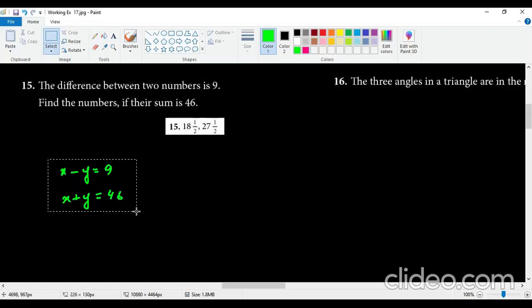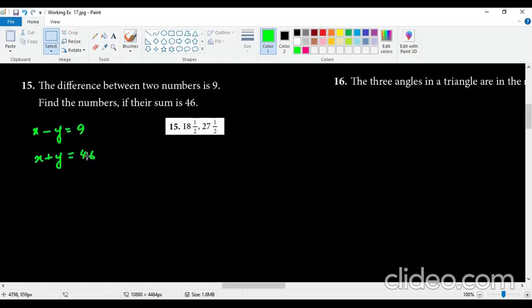So here I can say these are simultaneous equations, and plus y and minus y are going to be cancelled. So 2x is equal to 46 plus 9, which is going to give us 55. That means x is equal to 55 divided by 2, which is going to give us 27 and a half, which is this part.